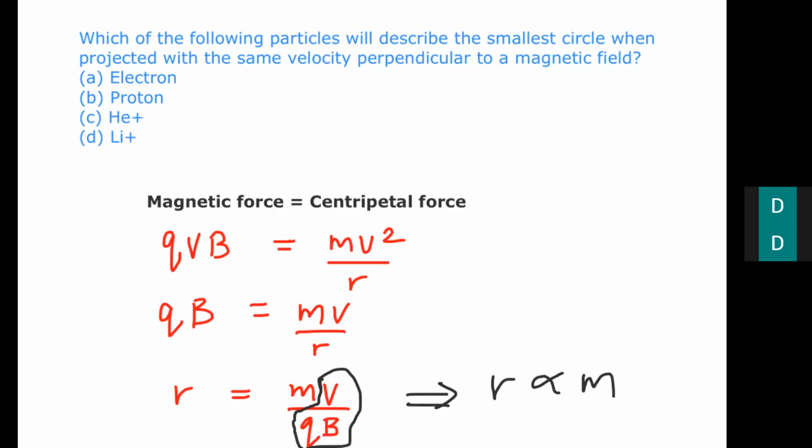Now we want the smallest radius, because they have asked which particle will describe the smallest circle. So the radius depends on mass. Out of lithium, helium, proton and electron, the electron has the most negligible mass. The mass of the electron is 9.1 into 10 raised to minus 31 kilograms. So that's why electron is the correct answer for this question.